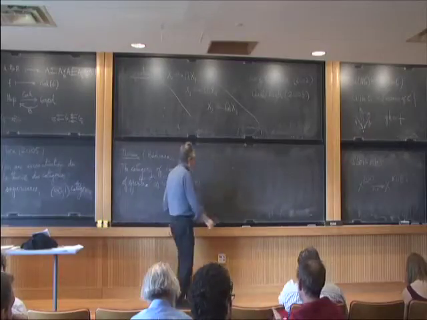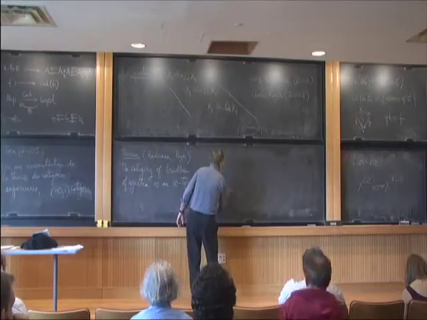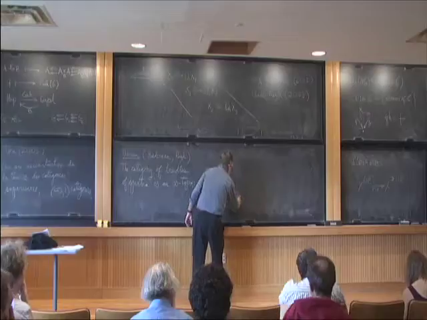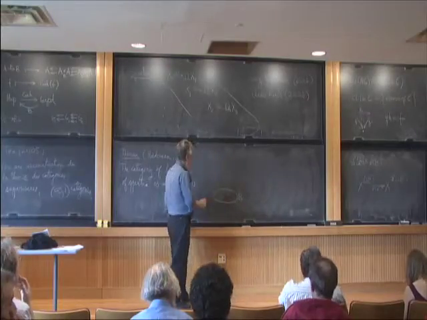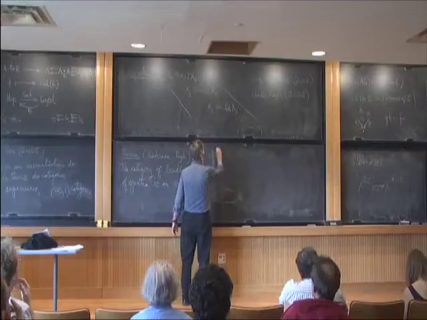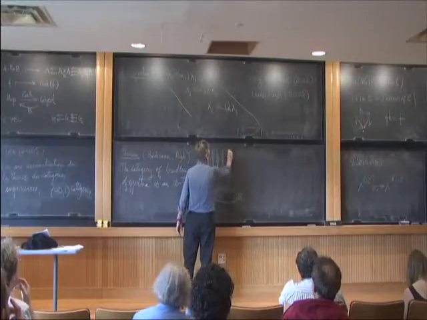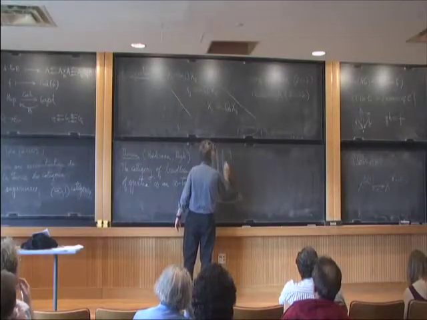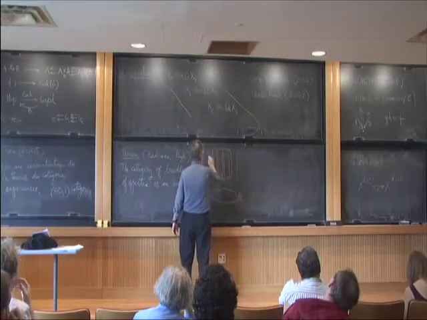So what's a bundle of spectra? It's a family. You have a base B. It's a family of spectra parameterized by B. So it's a bundle of spectra.